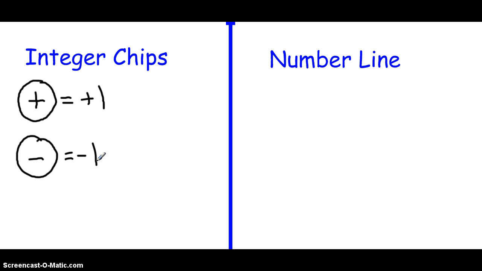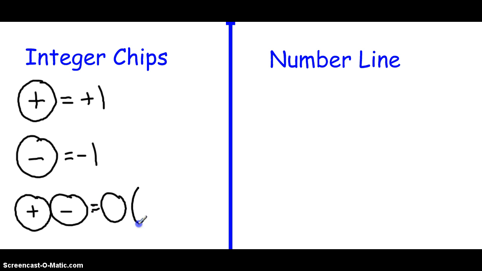And by combining, this is the really important part here: when we have a positive and a negative chip put together, that will equal 0. This is a very important vocabulary term. When you combine a positive and a negative chip to make 0, that's called a zero pair. A lot of this integer adding and subtracting revolves around zero pairs.